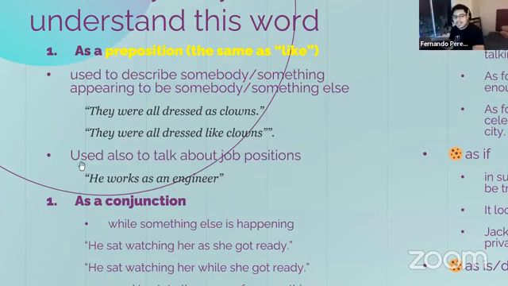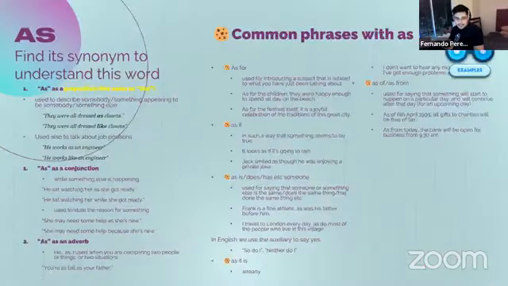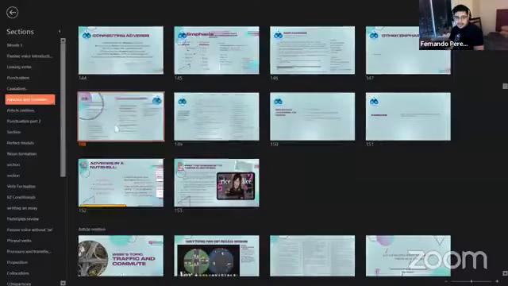And if you see the next definition, it says used also to talk about job positions. In this particular case, as is similar to like, but it's impossible to use like. So let's read this example. He works as an engineer versus he works like an engineer. In the second example, the words are different.